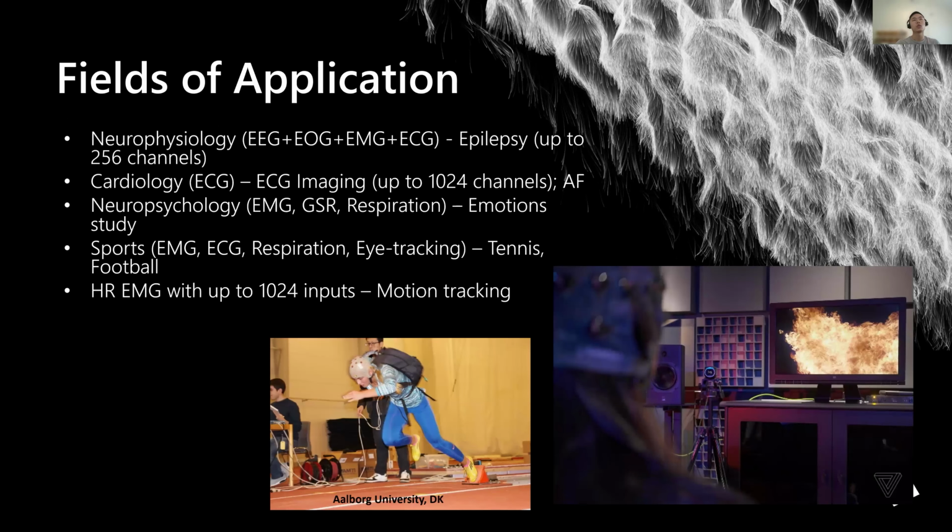For some of you, you may wonder how you can apply all those signals. So I list out some fields of application that you can use. One example is neuropsychology. As mentioned before, EXG signals combined with EEG is pretty popular, commonly used in epilepsy measurement.